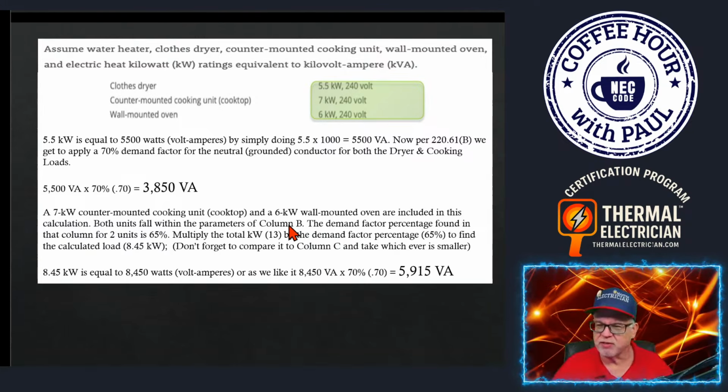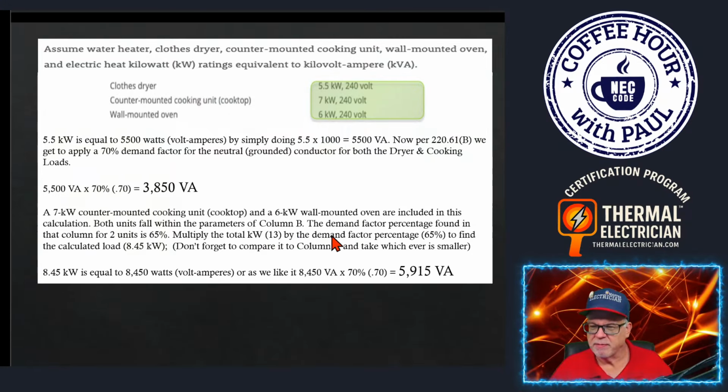That's where your cooking appliances fall. And so the demand factor percentage found in that column for 2 units is 65%. So what does it tell me? It tells me down in the notes that I can add those 2 units together and treat them as one. So I add the 7 and the 6, and that gives me 13 kW.